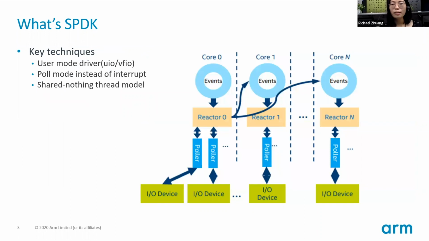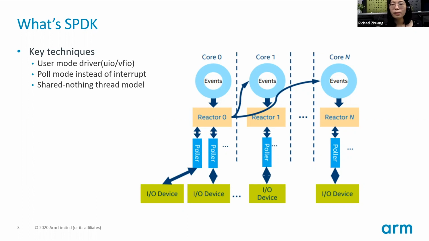We know that traditional kernel I/O stacks bring obvious overhead due to context switch, data copy, interrupt, resource synchronization, and so on. SPDK can minimize the impact on CPU and memory bus cycles during I/O processing, mainly in 3 ways.